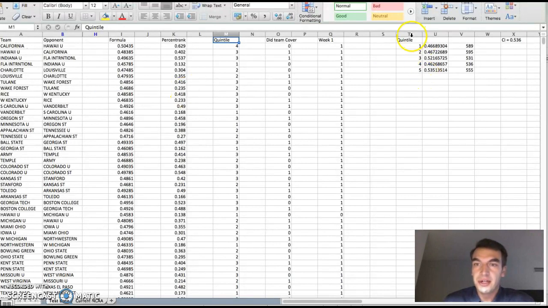So we come over here to this quintile rank. We have 1, 2, 3, 4, 5. And what it says is, here's the quintile that we want, and here's whether the team actually covered their spread or not.